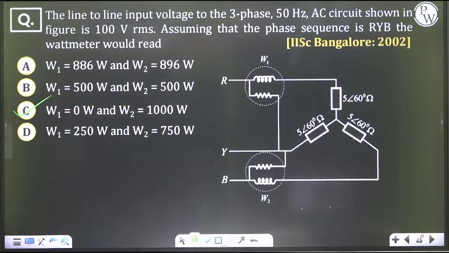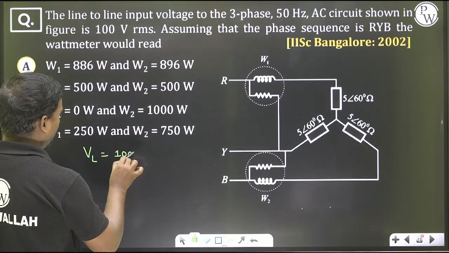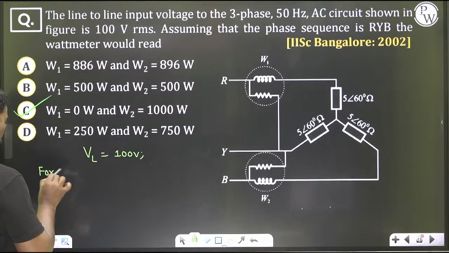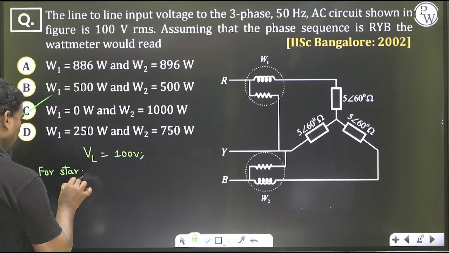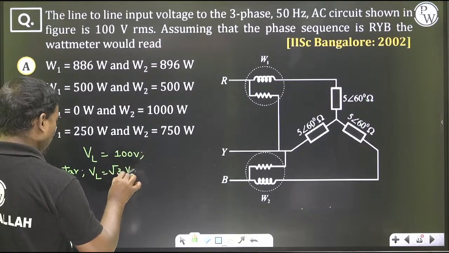Okay. VL, how much has he given? Line to line voltage, 100 volts. Line current, how to find out? Here, if you see, line voltage is 100 volts. It is a star model. For star model, VL is equal to root 3 VPH.